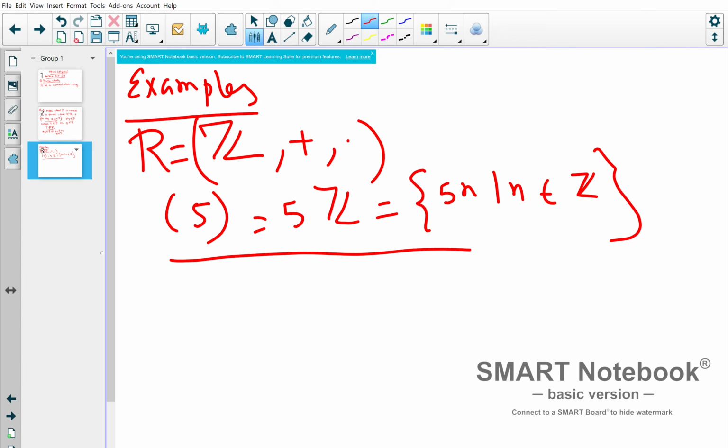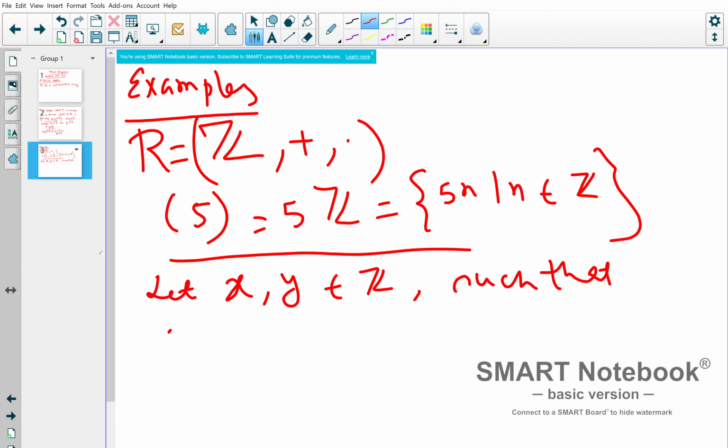For example, say x and y belong to Z such that x times y belongs to 5Z. What does that mean?